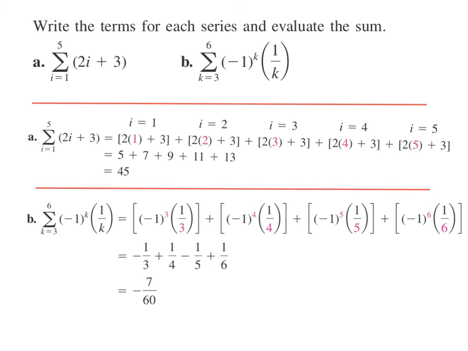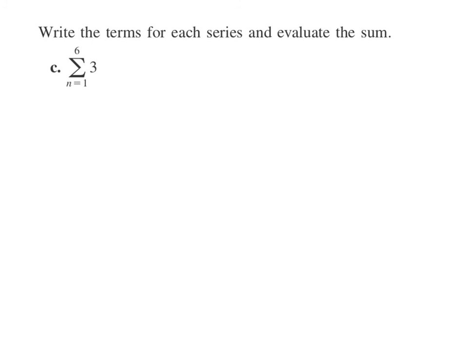I have one more example that I want to go through. So here is an interesting problem, because if you notice here, the lower index is 1, we go from 1 to 6, but there's no n in here.